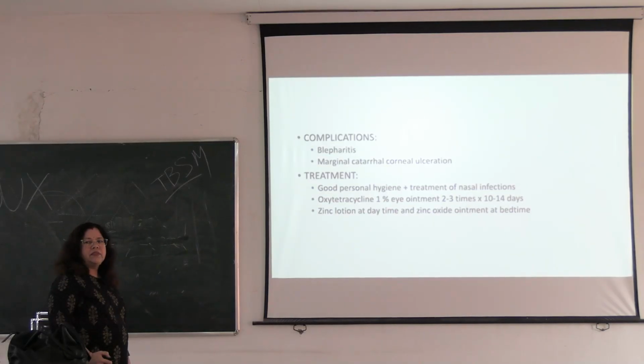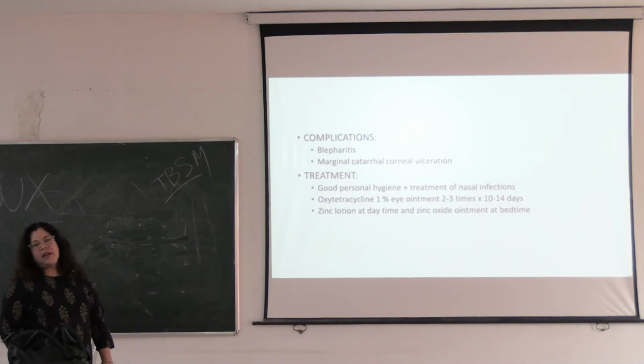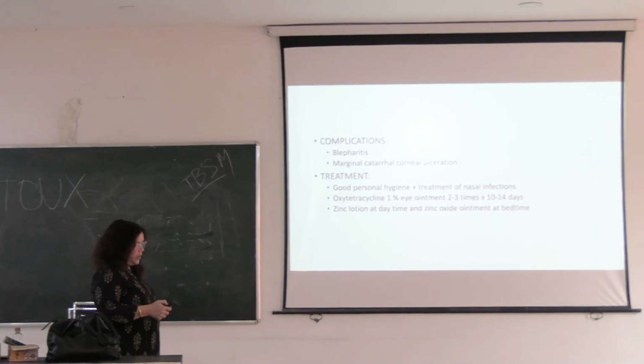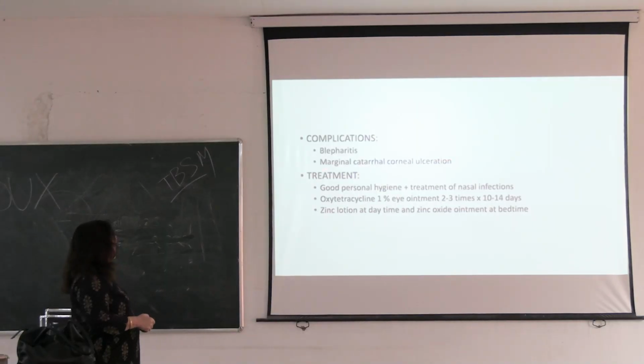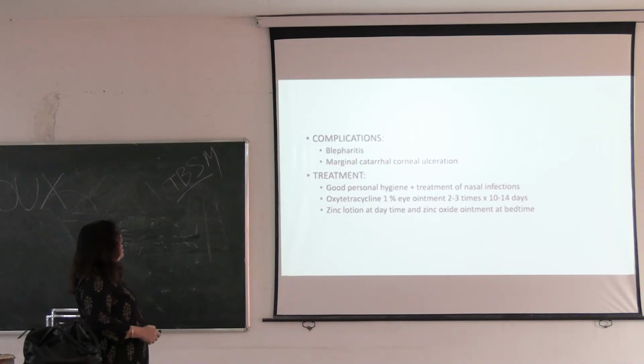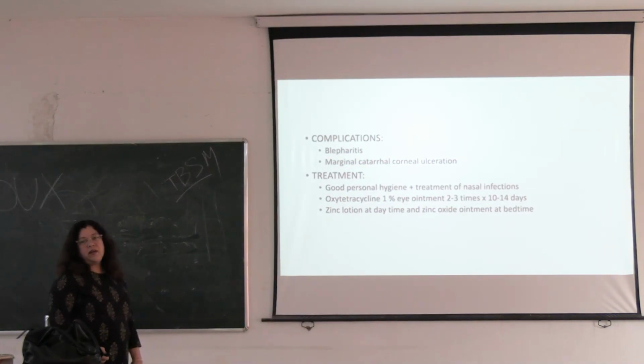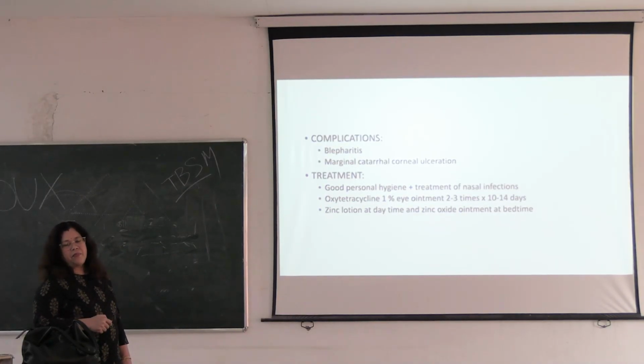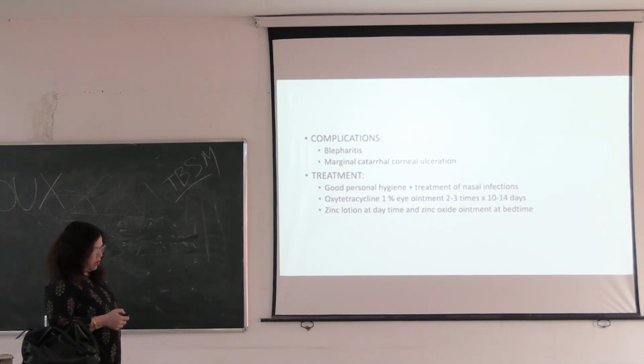What is blepharitis? Blepharitis is the inflammation of the lid margin. And the other complication is marginal catarrhal corneal ulcer. In this type of corneal ulcer, only the peripheral part of the cornea is involved. Then treatment.